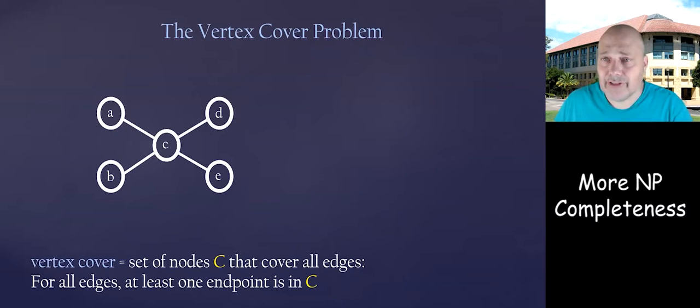There are many vertex covers. For example, all the vertices are a vertex cover. So what is the smallest one you can find? Yeah, just the center of this star is a vertex cover because C is adjacent to all the edges. All the edges have C as one of their endpoints.